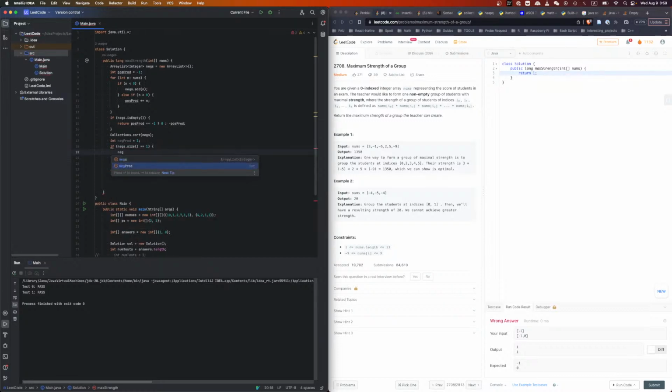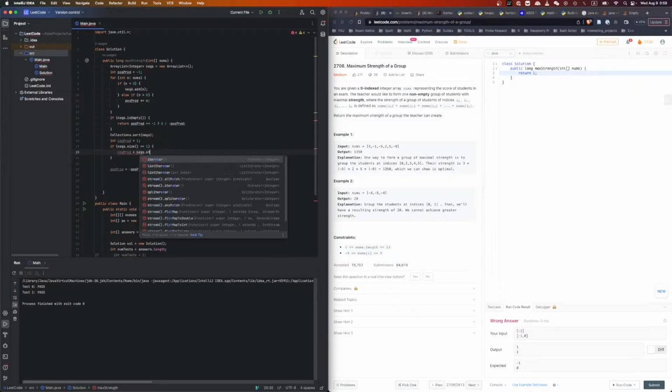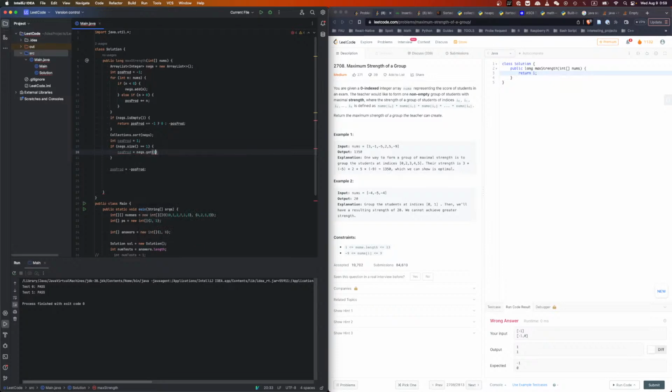Then neg product is actually equal to negs dot get 0, else for int I equal to 0, I smaller than, or then depend on if it's even or odd. If it's even, we'll multiply all of them together.